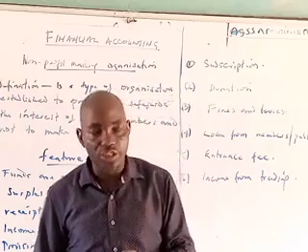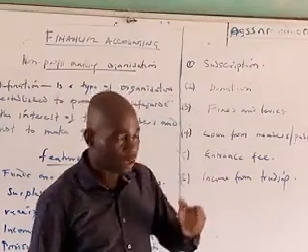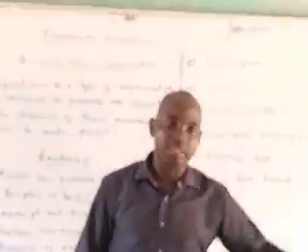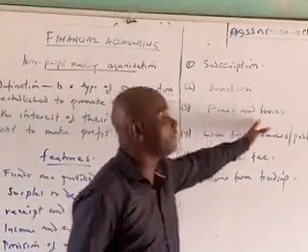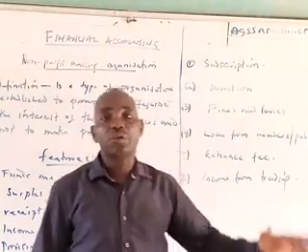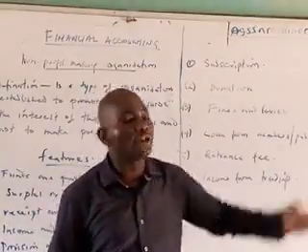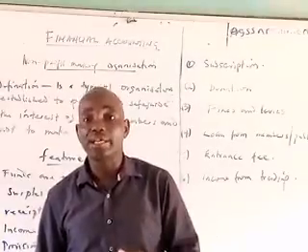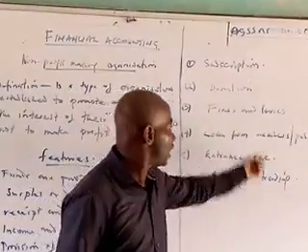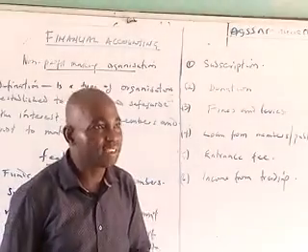They can go for donation from members, they can go for donation from the general public. Another is fines and levies. These are another source of funds to a non-profit making organization.